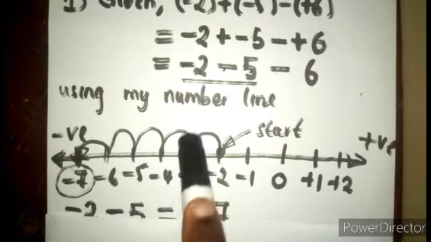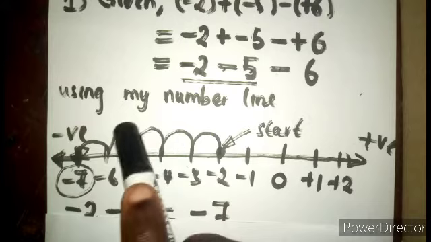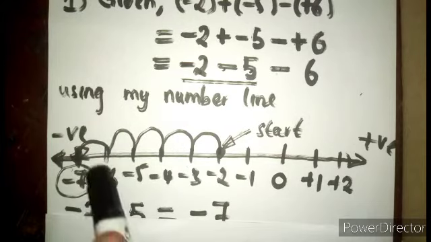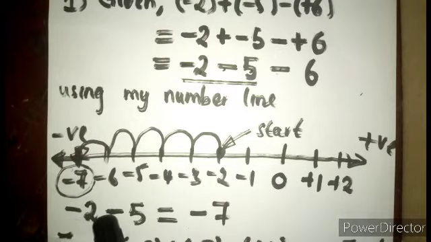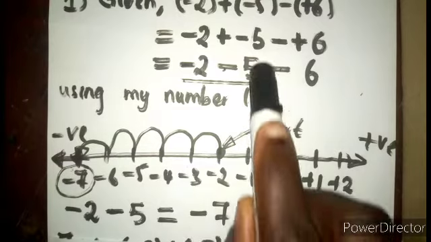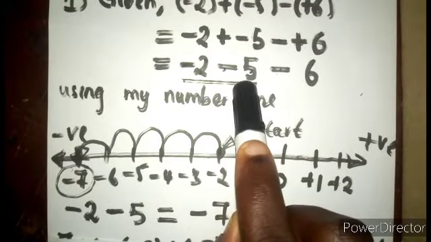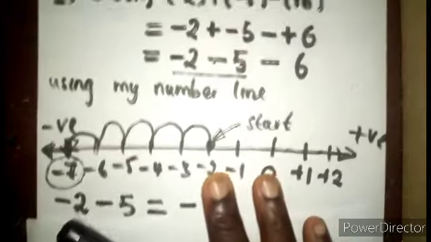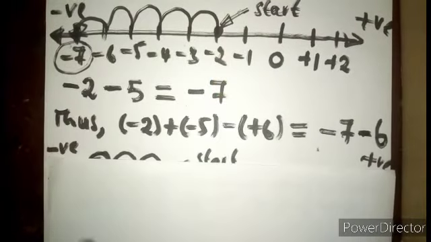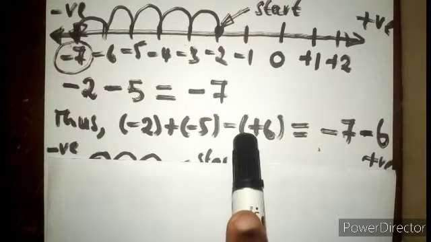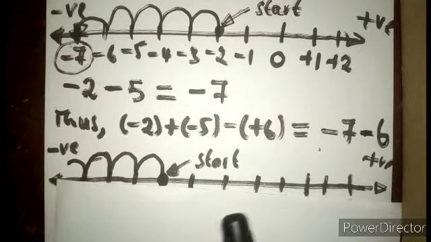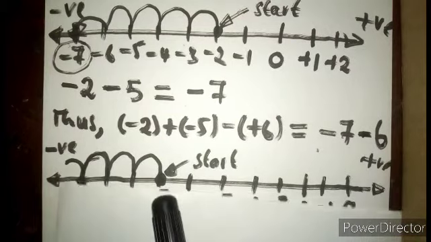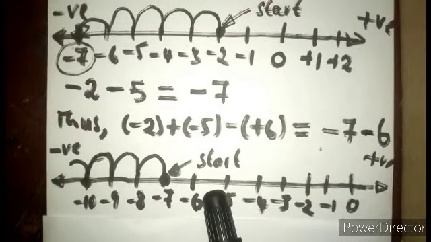So start here, 1, 2, 3, 4, and 5, giving us minus 7. So therefore minus 2 minus 5 is minus 7. This negative 7 is simply the value for minus 2 minus 5. Now we see that our problem drops to what? Minus 7 minus 6.